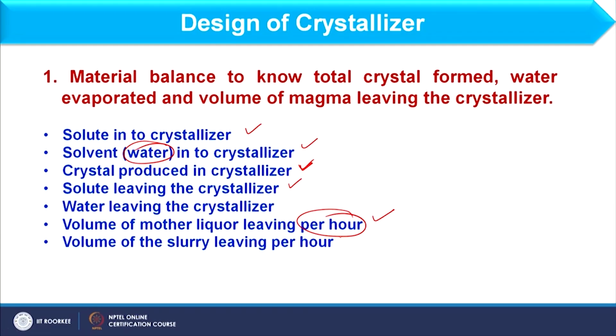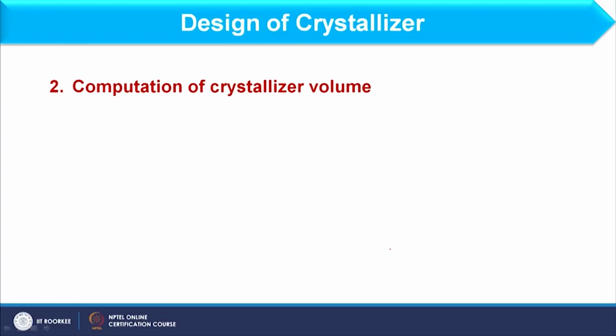And then we should also focus on the volume of the slurry leaving per hour. So, what is the meaning of this volume of the slurry? It means the volume of the mother liquor and the volume of the crystal. So, in this way we should carry out the material balance to know different parameters as we have just discussed, and then we should find out the crystallizer volume.